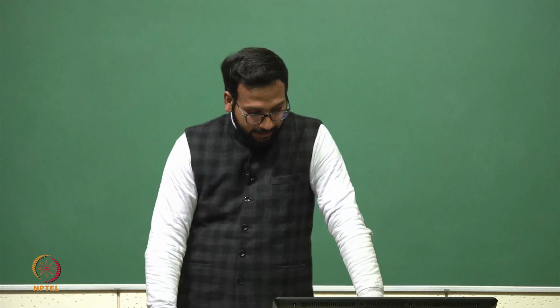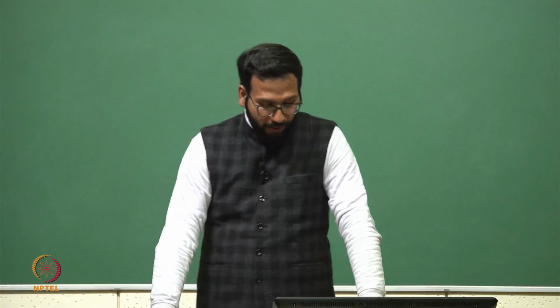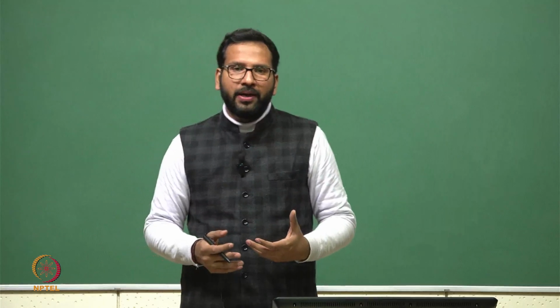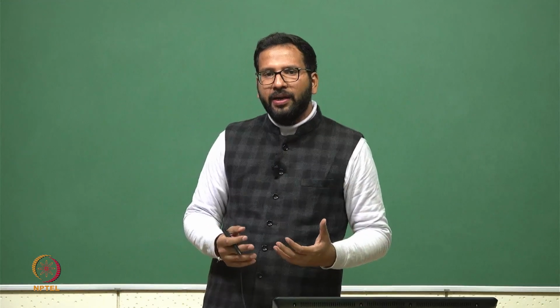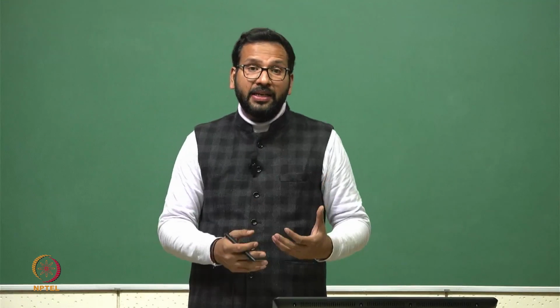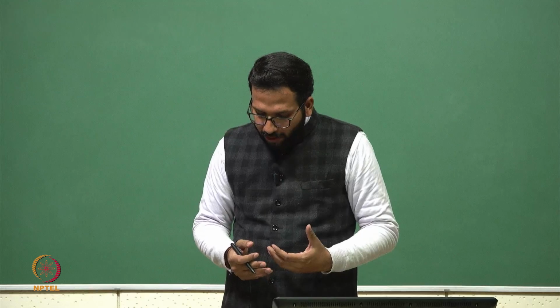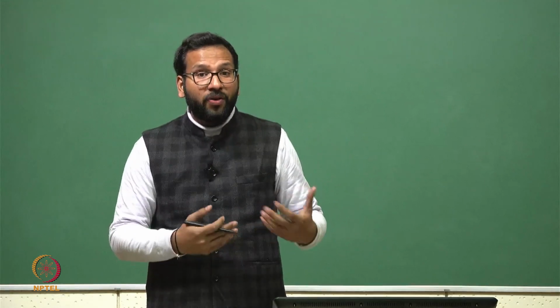Then the 17th attribute of a journal is indexing, and this refers to the database where this journal is indexed, like Scopus, Web of Science, PubMed. There are different databases, and the indexing of a journal in a particular database is considered a mark of the reputation and credibility of a journal.